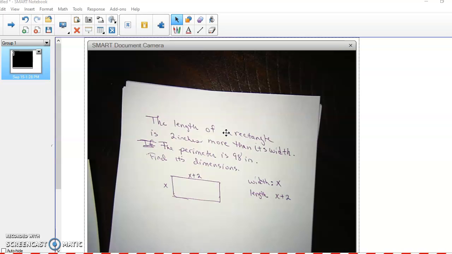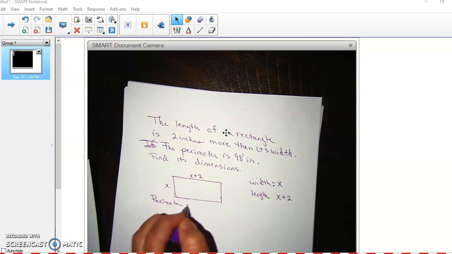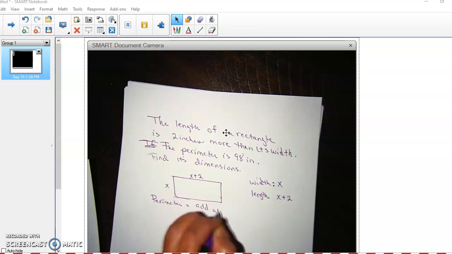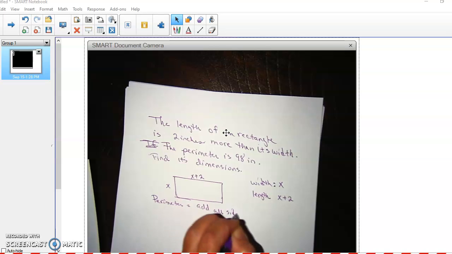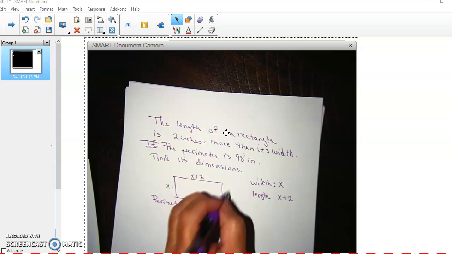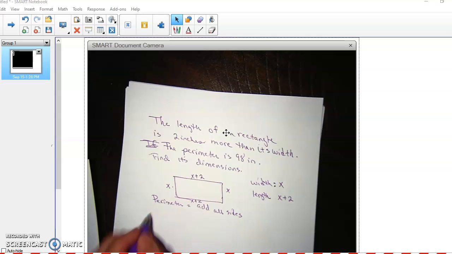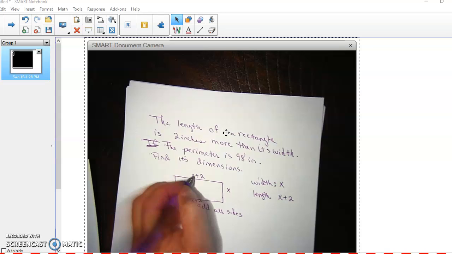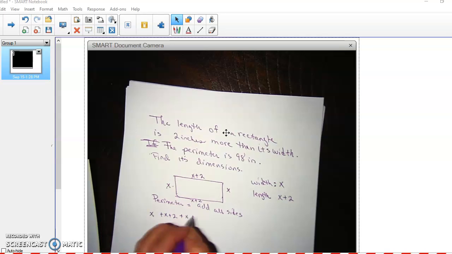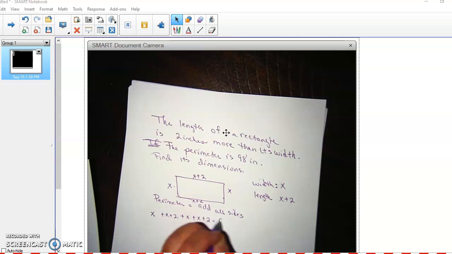Remember perimeter, add all sides. As you walk around the rectangle, you have to add the sides up. So if this side is x, this has to be x, and this one has to be x plus 2. I went from here to here. Plus x plus 2, and we know it equals 98.